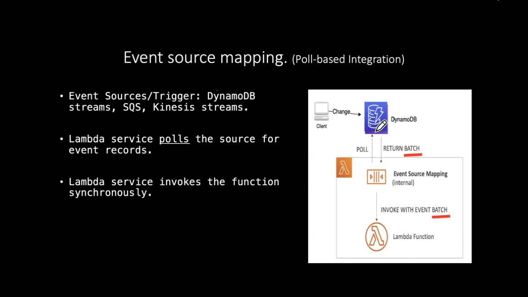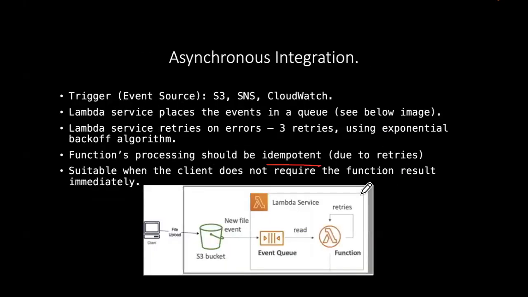Whereas if I go back to the previous one, here the source is telling the Lambda service to call it. Like it's telling the Lambda service the event has occurred. Whereas in the other one, the Lambda service is asking the source, has any event occurred?